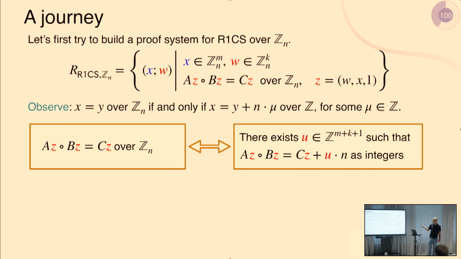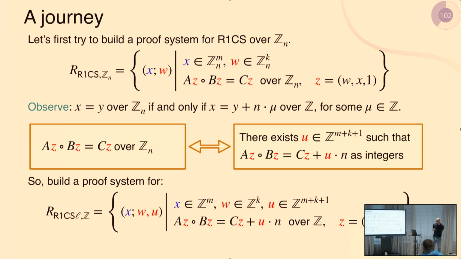So instead of proving the R1CS constraints modulo n, you might just go to the integers, if you like the integers for some reason, and prove this constraint adding this extra witness here. So you add an extra witness and prove this thing over the integers. And if you prove this, then you have proved this.